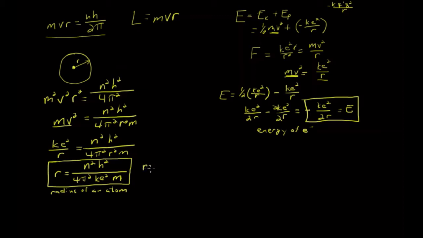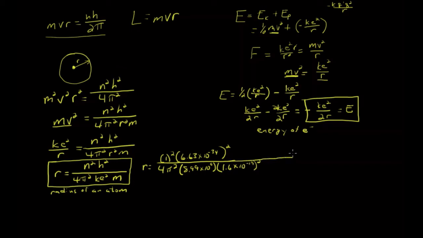So r equals n squared. We're just going to go with the ground state here, 1 squared, times 6.63 times 10 to the minus 34th squared, very tiny number, times 4 pi squared times Coulomb's constant, 8.99 times 10 to the 9th, times the charge of an electron squared, 1.6 times 10 to the minus 19th squared.